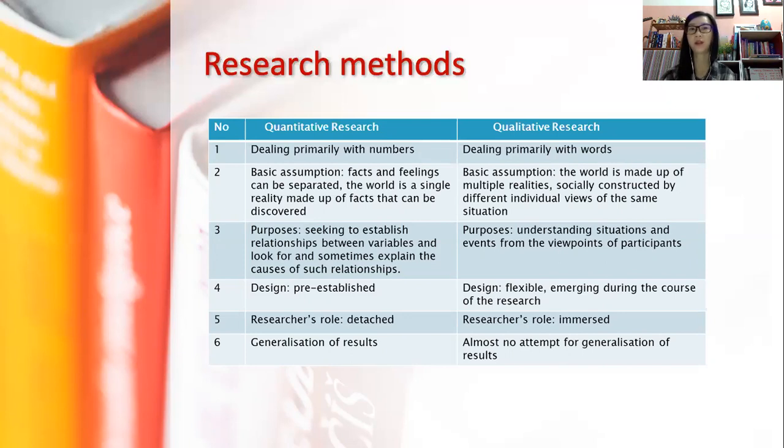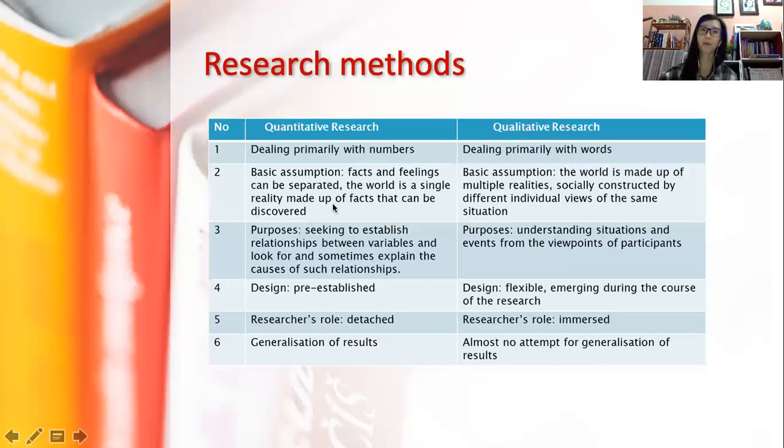For quantitative research, we will have numerical data, or data in the form of numbers. On the other hand, qualitative research, quality, deals primarily with data in the form of words. Sometimes we might have numbers for qualitative research as well, but that is not the main type of data for qualitative research.